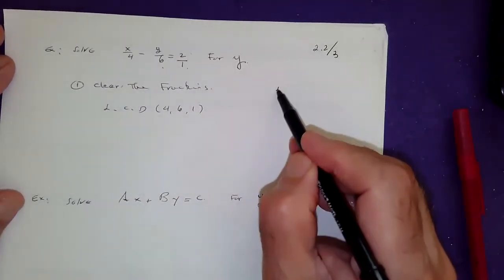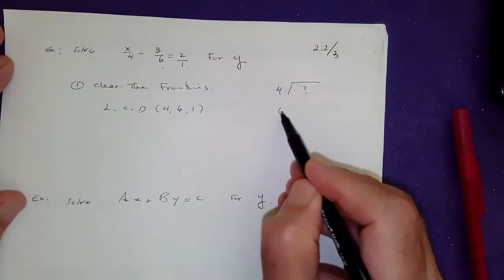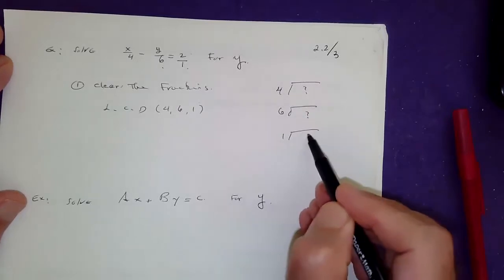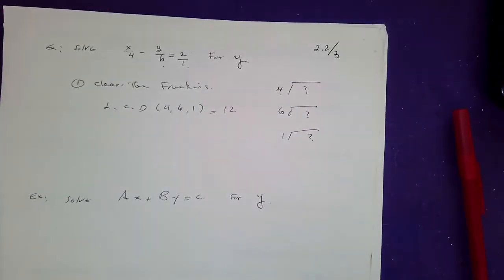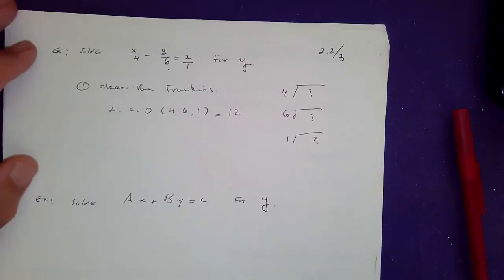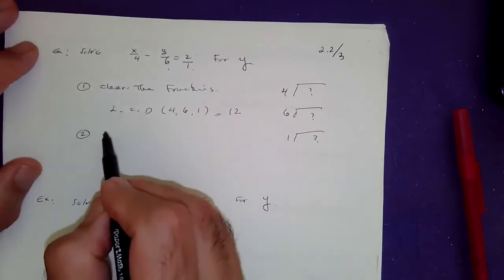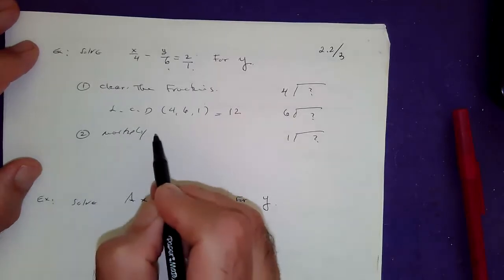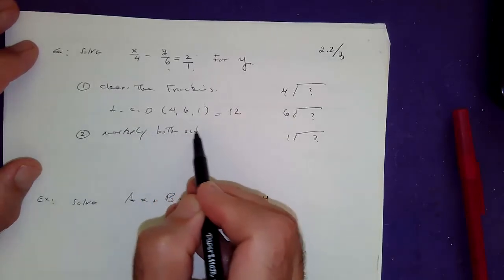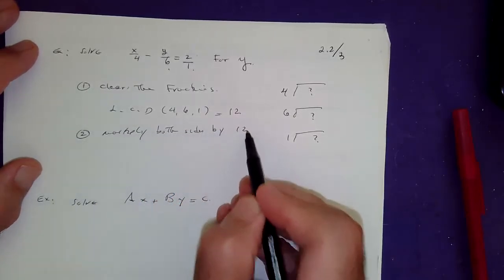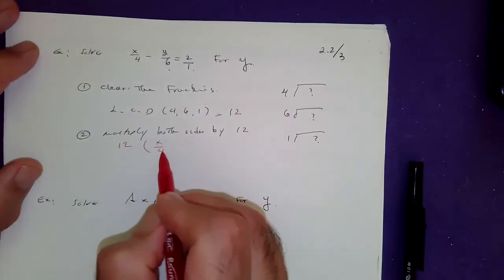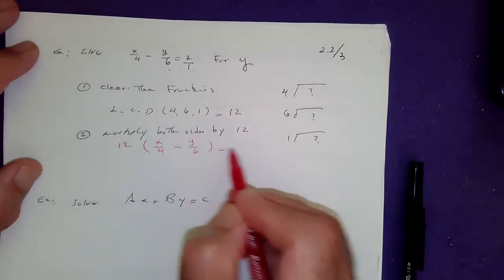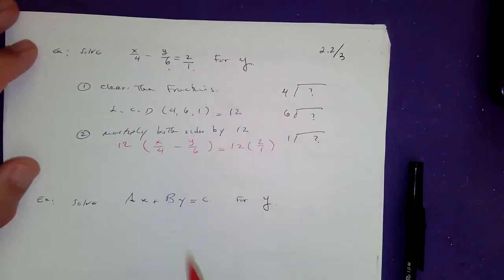Find the smallest number which 4 divides into, 6 divides into, 1 divides into. The lowest number is 12, because 4 goes into 12, so does 6, so does 1. So the next step is to multiply both sides by 12. So I go, okay, 12 times x over 4 minus y over 6 equals 12 times 2 over 1.